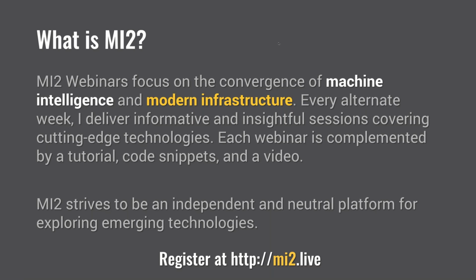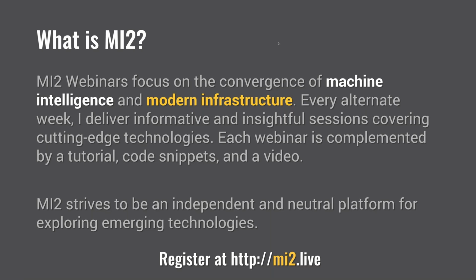And as we see the convergence of these two layers, we are going to shift into the new paradigm where applications are going to be deployed as microservices and intelligence is going to be infused through deep learning and neural networks. This webinar series tries to bring the convergence of these two emerging technologies. This is a completely neutral, independent, unbiased platform to explore and learn emerging technologies.